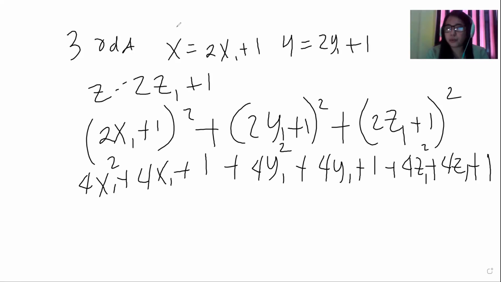And then, of course, if we add 1 plus 1 plus 1, it will be equal to 3, which means that we can just add 2 plus 1. Our objective is, of course, to come up with a form of 2k plus 1, because we cannot make it 2k, because 1 plus 1 plus 1 is an odd number.